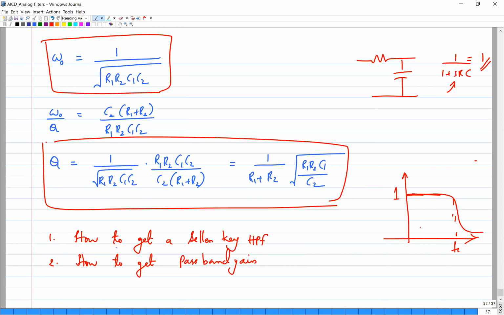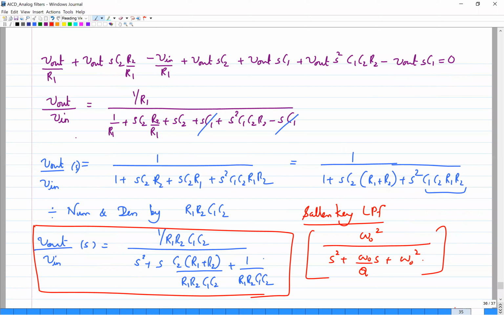Now, there is a certain application where you need some gain in the passband. So this is your passband and this is your stop band, and this is your transition band. Now, if I need some gain in the passband, even though I mentioned this as a second order active filter, this filter is not actually giving you some gain, right? Because if you look at the transfer function, see, this is the transfer function, right?